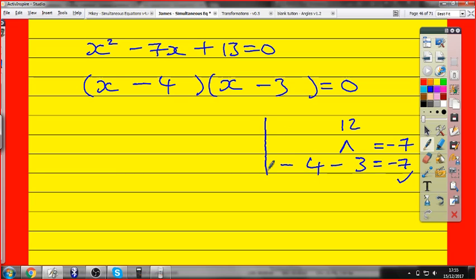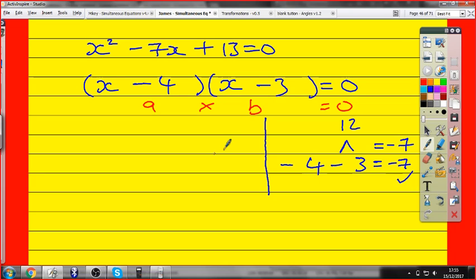Okay. Any idea how we solve this now? X minus 4 times x minus 3 equals 0. So x minus 4. You have to do multiplication. So it's x times minus 4. Well, if you've got two things that multiply to give 0, what do you know about two numbers that multiply to give 0? If two numbers multiply to give 0, what do you know about at least one of the numbers?